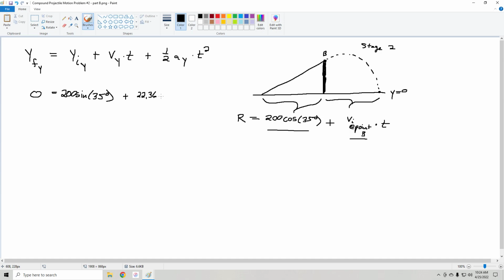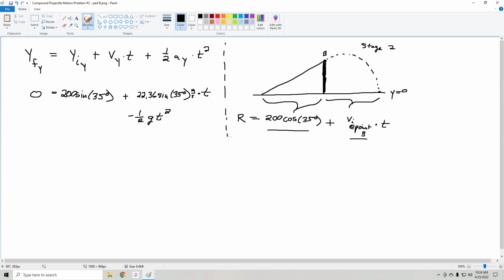But the y component, so sine 35 degrees, in meters per second, times a time, which we don't know. And we know that in stage 2, the acceleration that the rocket is experiencing is due to gravity. So the last piece of our equation here, we can say minus 1/2 g t squared.